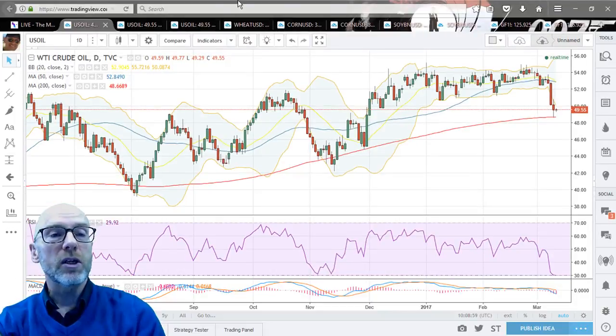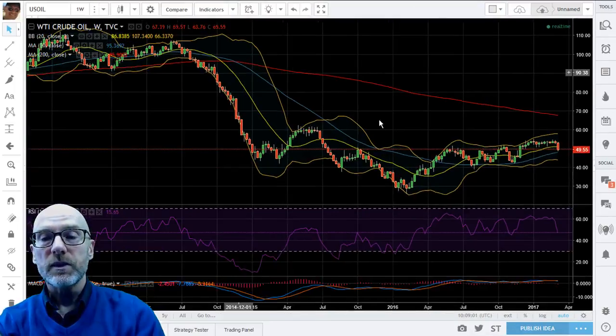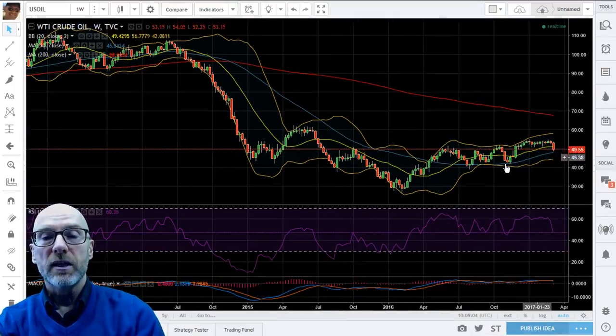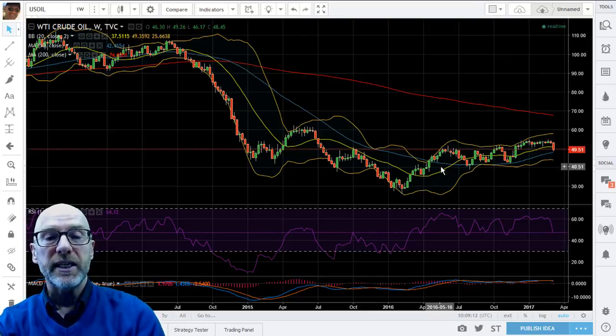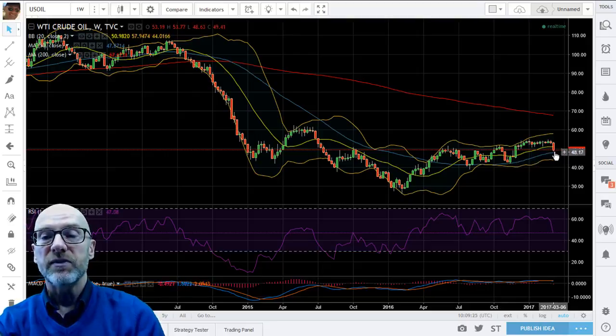On the longer term chart, the blue line here represents the 50-week moving average, which is close to the 200-day, and you can see how it's been a key influence on the market. It held there last August, and then gave the support in November before we had the rally, and you can see that it's very close here again now.